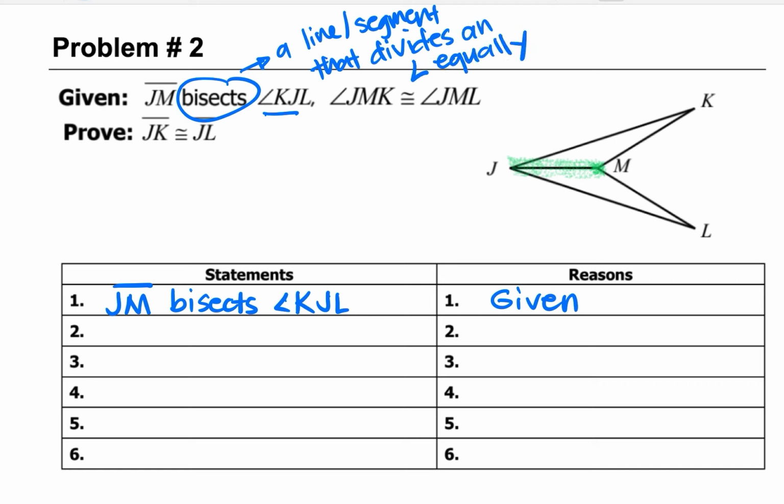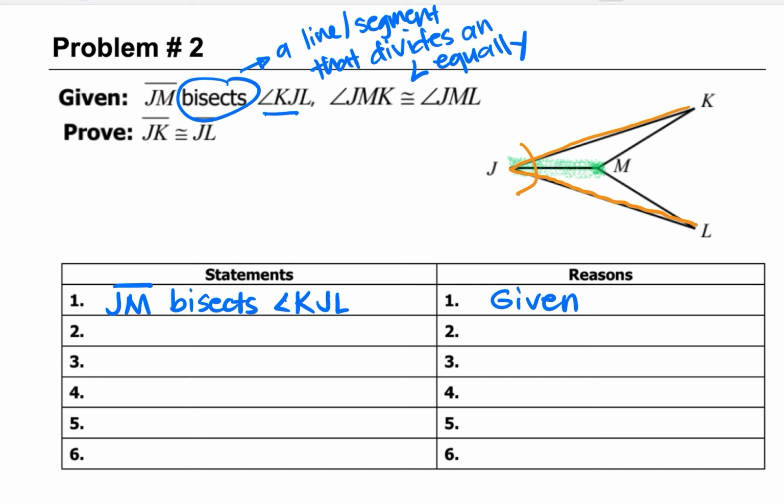And if you have noticed, it says angle KJL. Let us trace where KJL is. So that is referring to this whole angle. So segment JM divides angle KJL into two equal parts. So that is one of the statements we are going to be writing below.